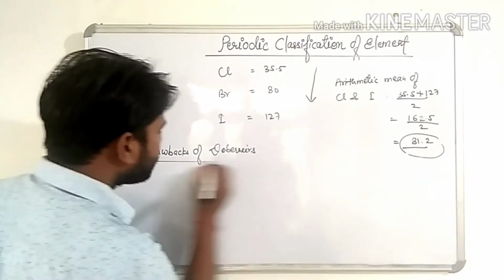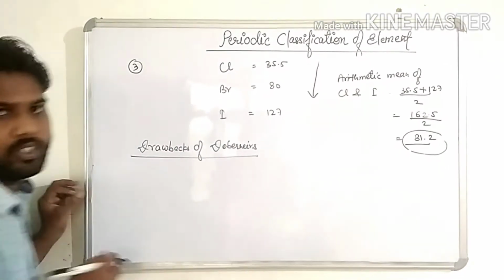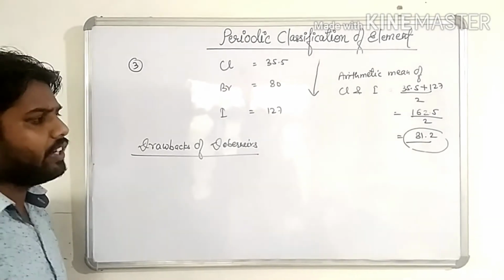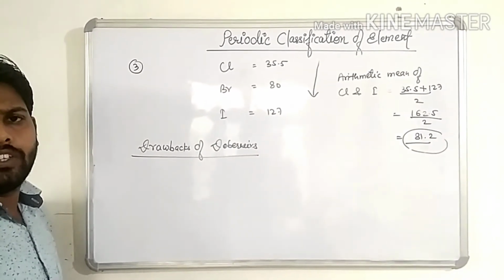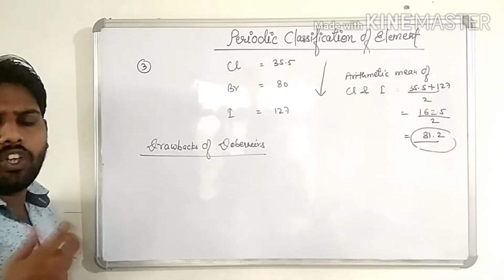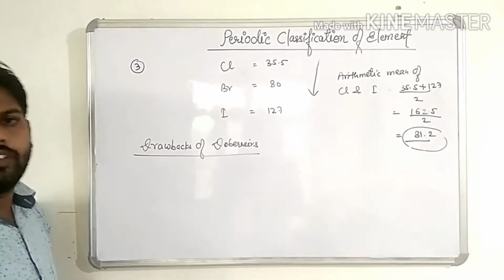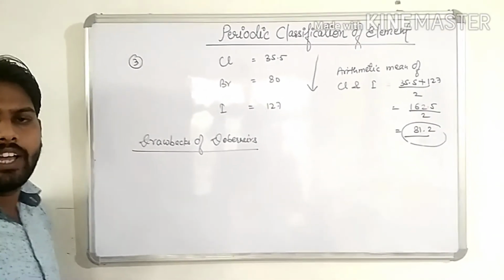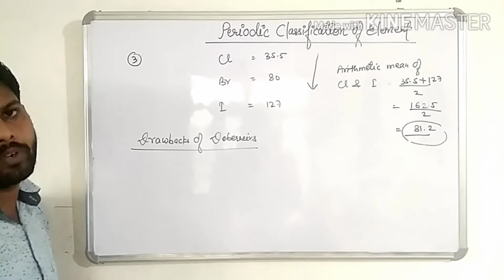What were the limitations of Dobereiner's triads? First, children, he failed to arrange all the known elements in the form of triads having similar chemical properties.